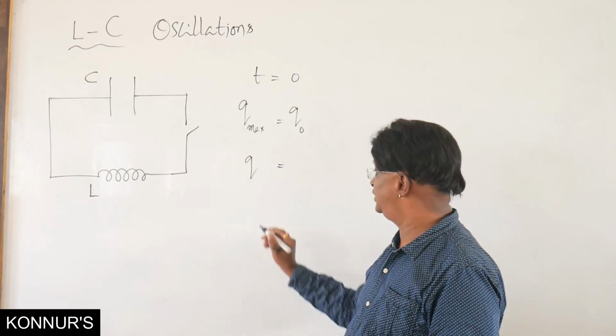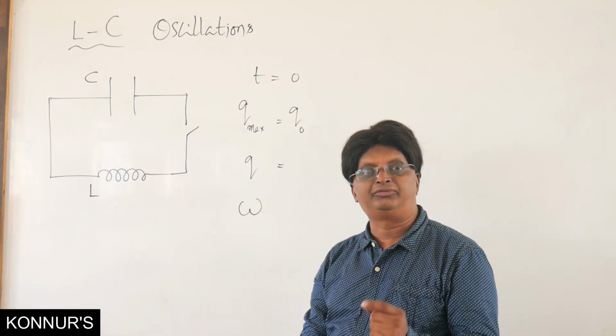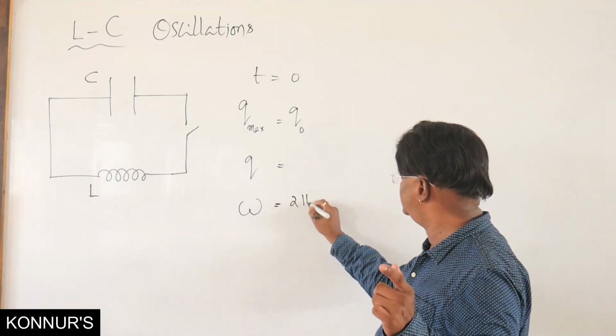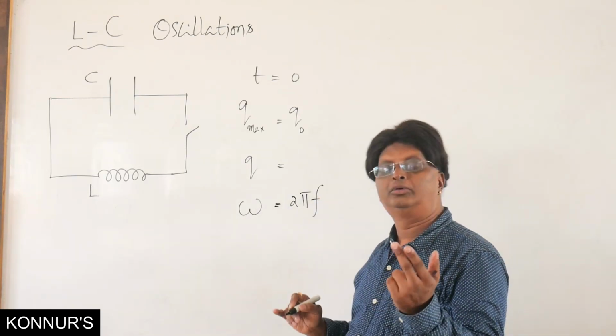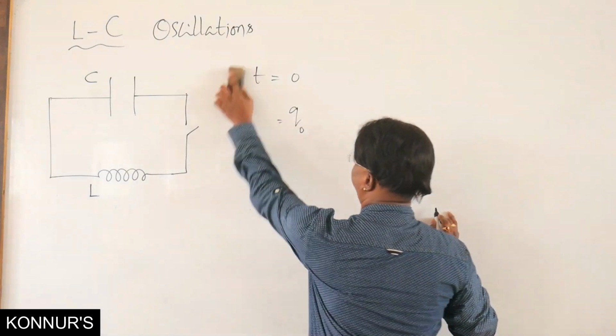One more term we make use of is omega, the angular frequency of the periodic fluctuations. This omega is equal to 2 pi times f, where f is the frequency of oscillation, or 2 pi by capital T, where T is the time period of oscillations.